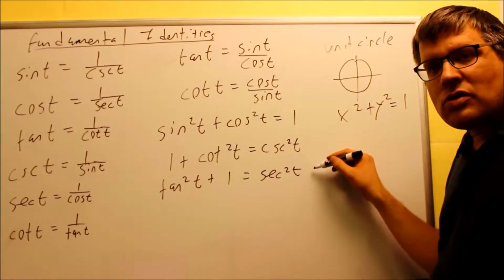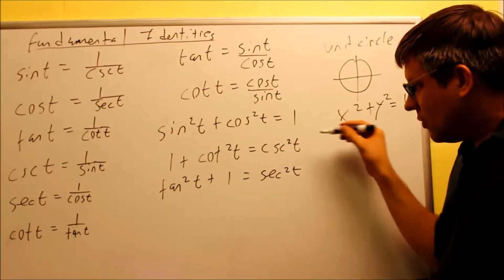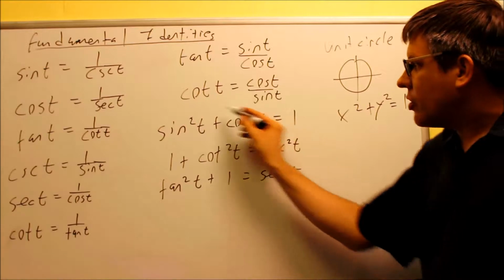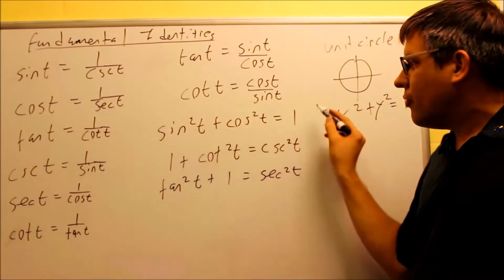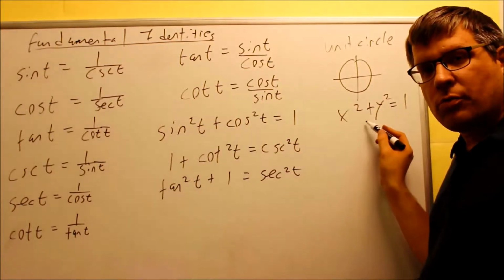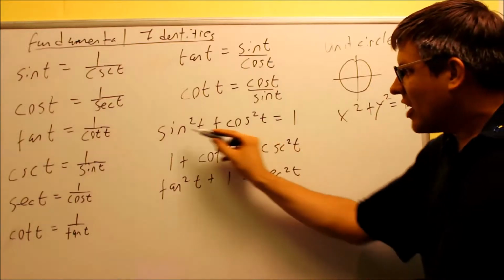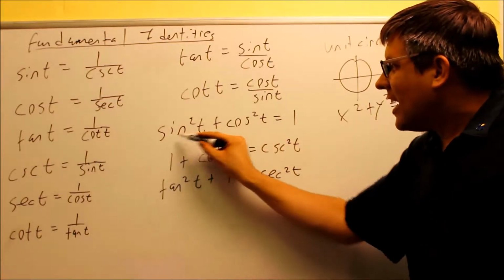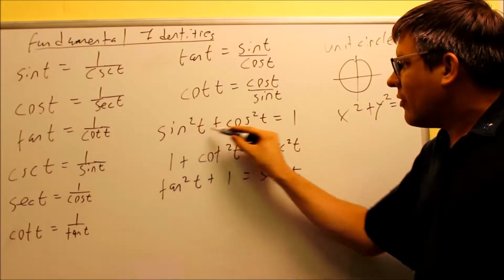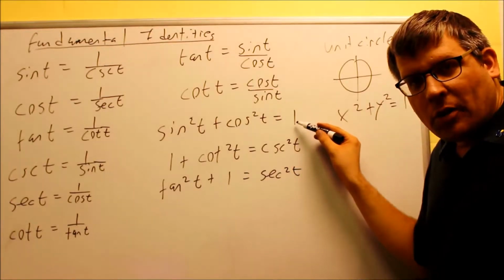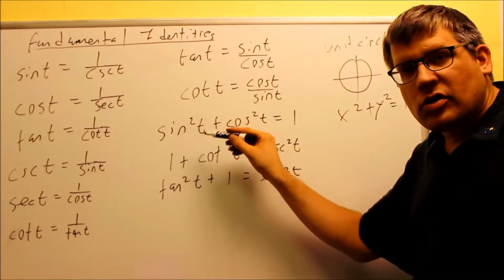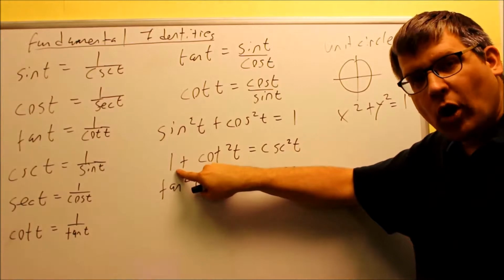Now, these two down here are new. We haven't talked about these yet so far. So how do you get these? Well, you're going to start with the formula that we got from the unit circle, x squared plus y squared equals 1, which is sine squared plus cosine squared equals 1. Let's divide this formula through by sine squared. I would have sine squared over sine squared, I would get 1.